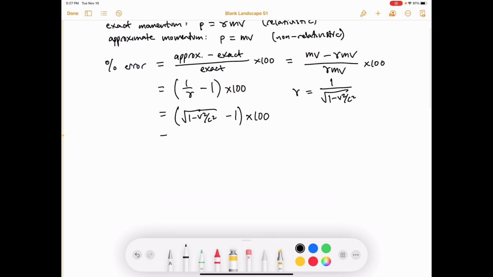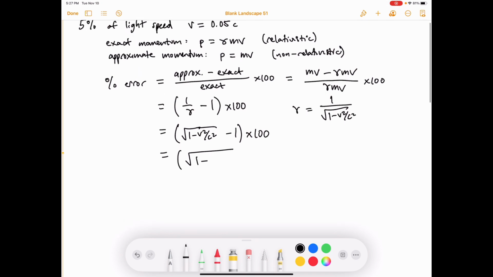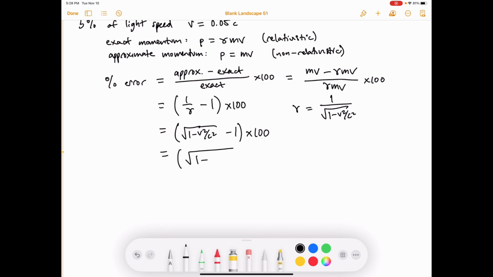So in this case, we have the square root of 1 minus, we said v is 0.05 c, so v over c is 0.05, and we square that. And then we subtract 1, and then we multiply by 100. What does that equal? Well, if you crunch these numbers, it's negative 0.125%.